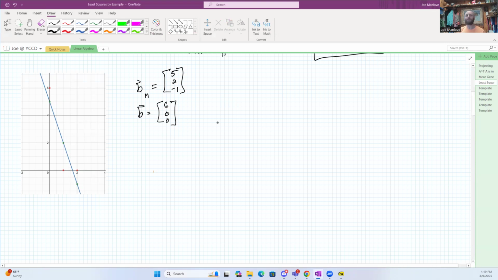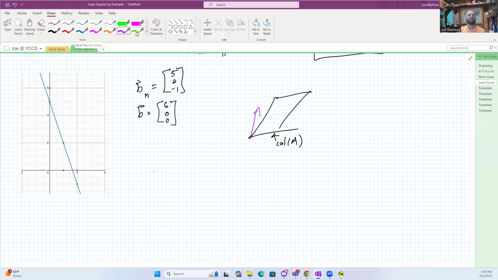And the thing I minimized here is, I had the column space of A looking something like this, and my vector B stuck up like this. It wasn't in the column space.